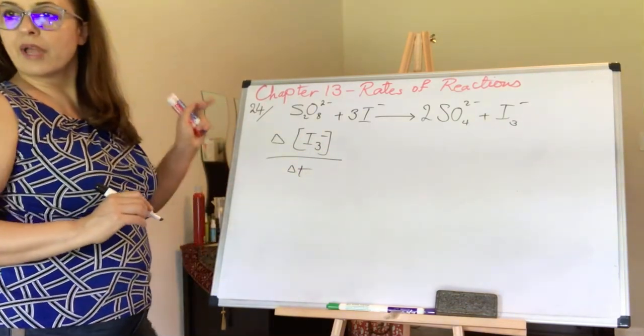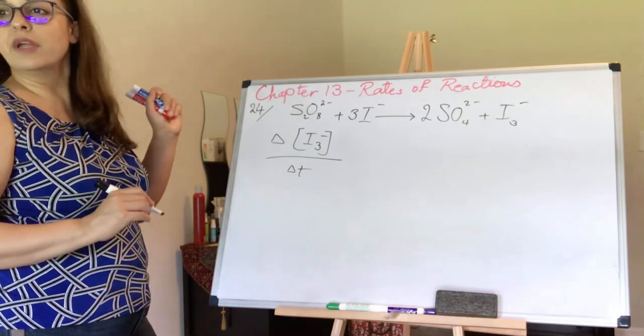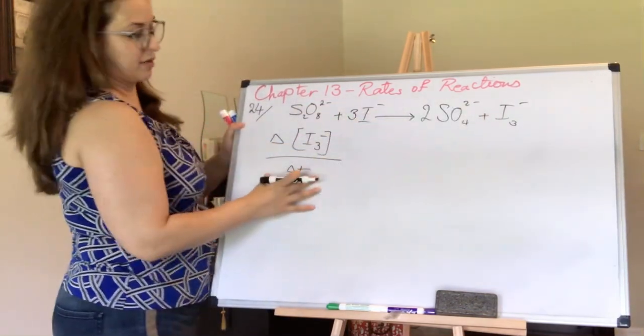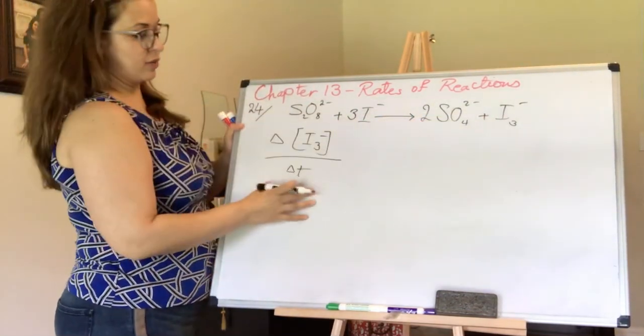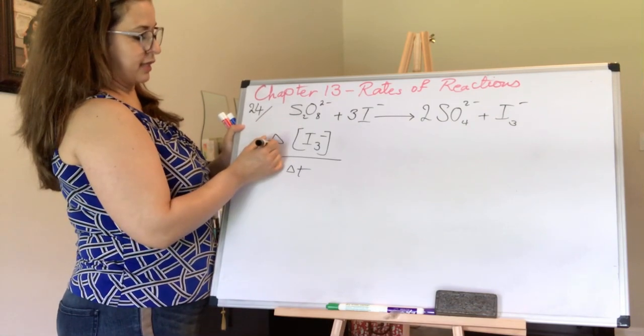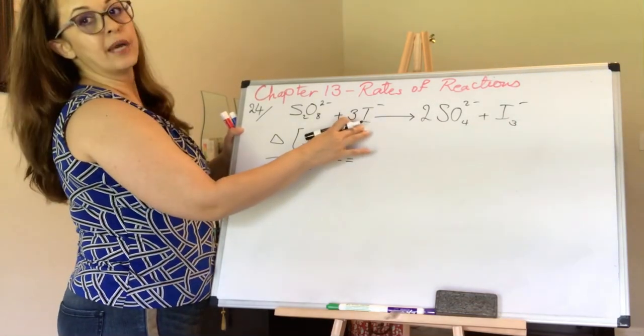How is the rate of reaction that is expressed as the rate of formation of triiodide related to the rate of reaction based on iodide? The rate of formation of triiodide, it's a product, so it's going to be positive, relating to the rate of reaction based on iodide ion.